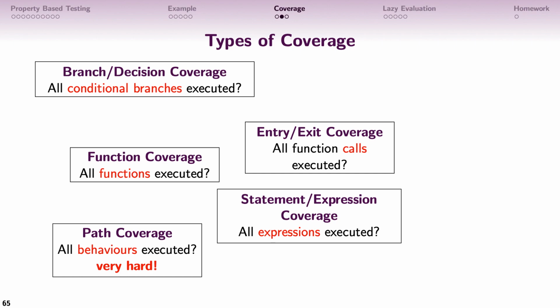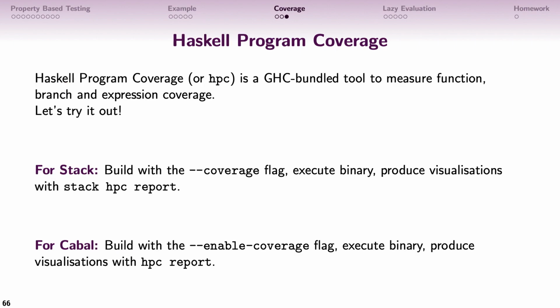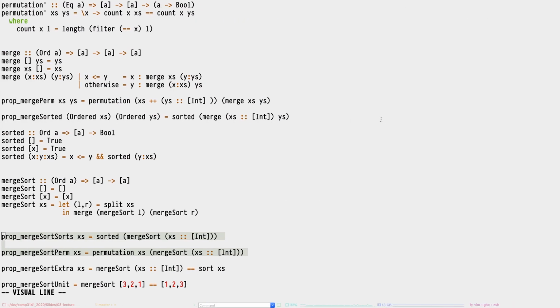Okay, so there's a program coverage checker for Haskell called HPC, and it helps us generate reports that we can view to check our coverage. For Stack and Cabal, there's two different ways to execute this, but I'll show you on my computer with Stack.